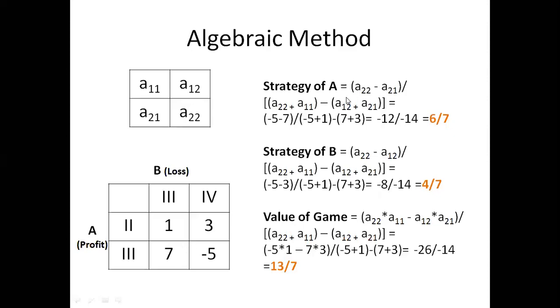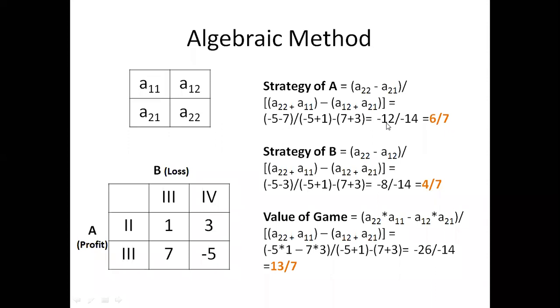If you see, I've solved it in the next line. A22 is minus 5, minus A21, which is 7. So minus 5 minus 7 will be minus 12.